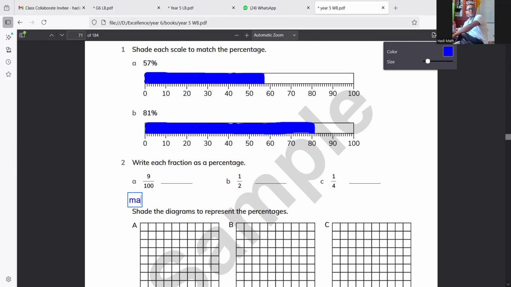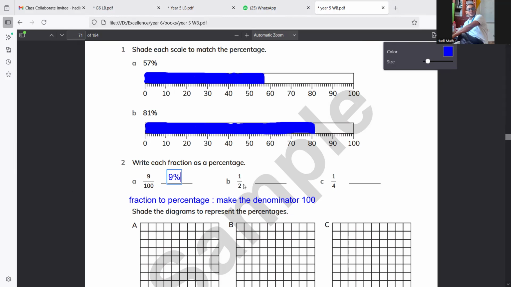In grade 5, to change a fraction to a percentage, just make the denominator 100. Look at question number 1. The denominator is already 100. Yes. So immediately 9%.